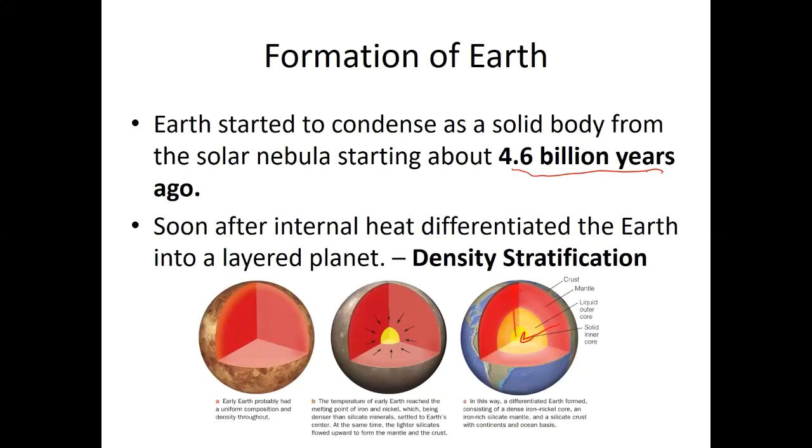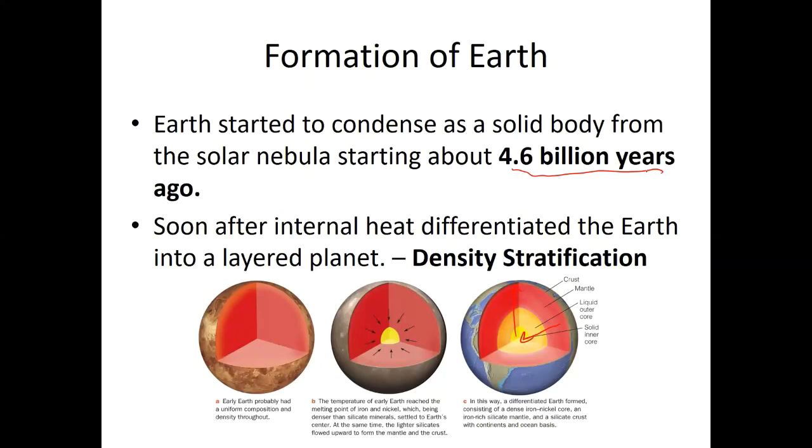Then we look at the asteroids and meteorites that we find in the universe, and they date to around 4.6 billion years old. So we know that the Earth is made up of that debris that's floating around in our solar system, and so the Earth can't be any older than the material it's made up of, and it can't be any younger than the oldest materials found on the planet. So that's how we come to that number.